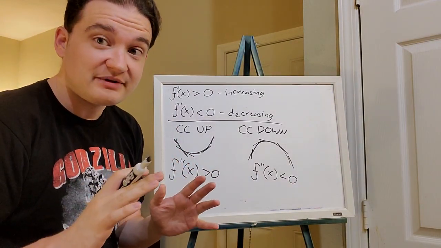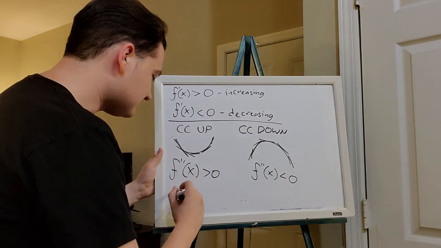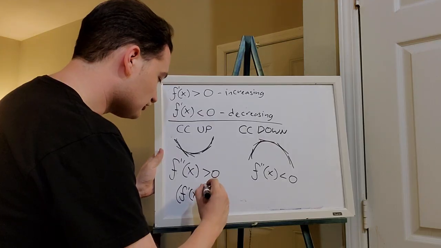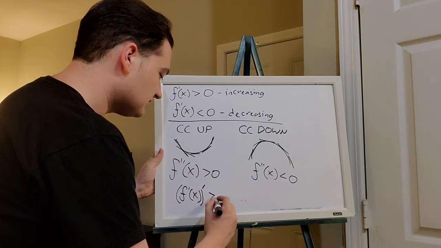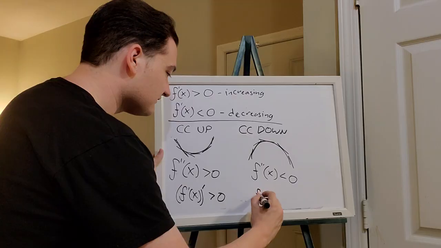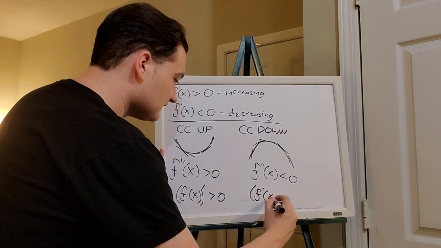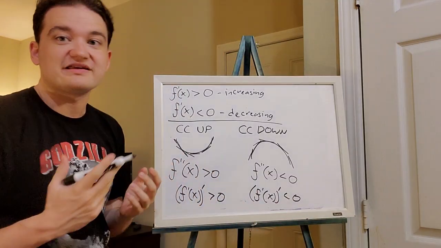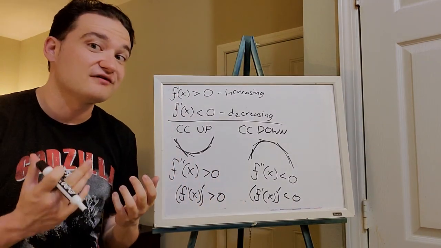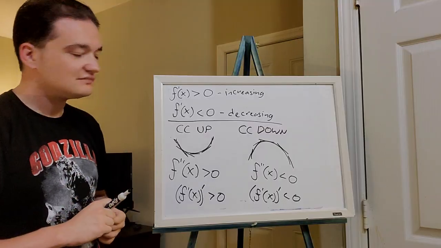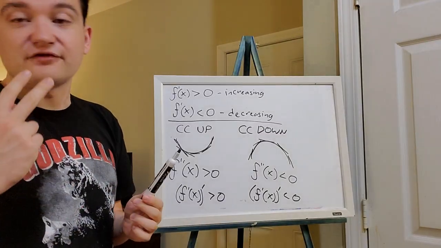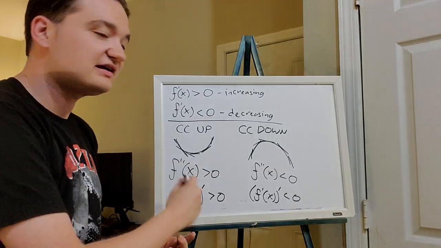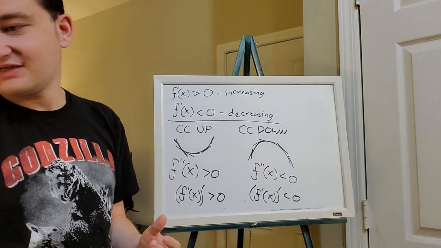Another way you can think about it that might be handy, this second derivative is just the derivative of our first derivative. It tells us when our slope is increasing or decreasing rather than the function itself. So that's how we can tell if the function is concave up or concave down at a point. We check the second derivative.